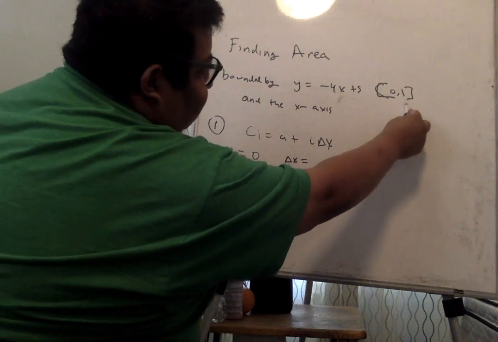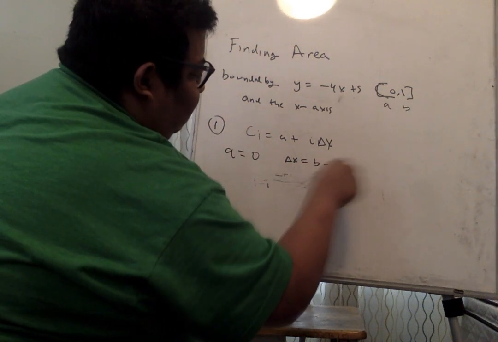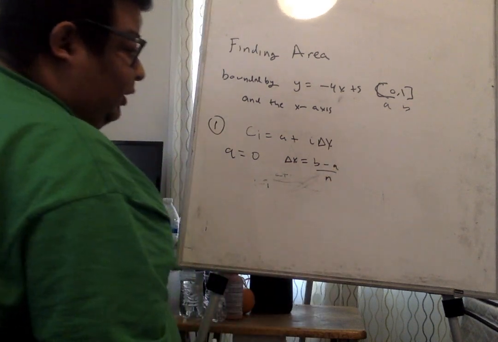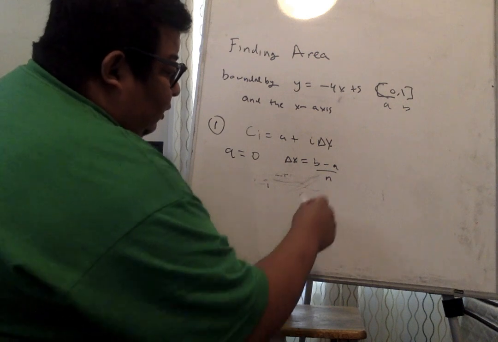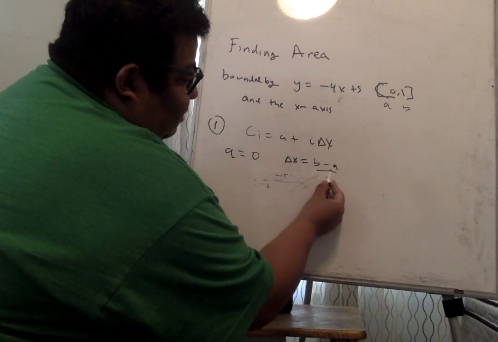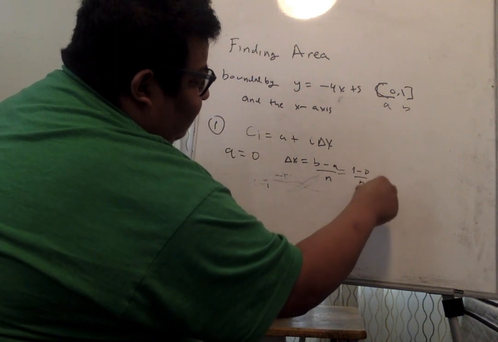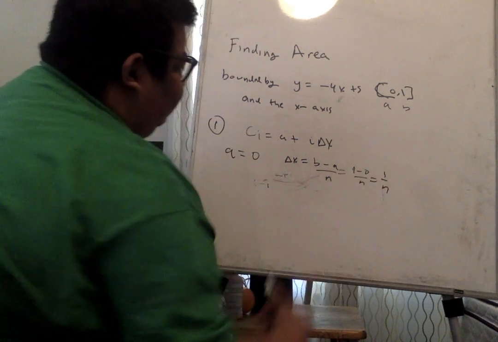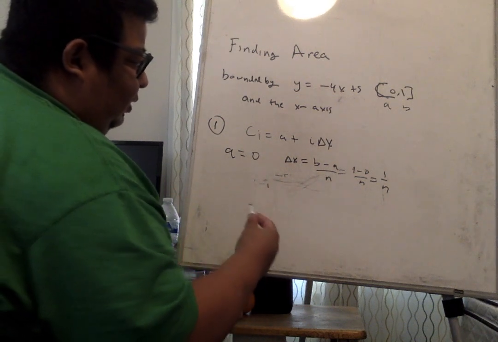b minus a over n, where this is your a and this is your b. The delta x represents your division, your partition. So b minus a is 1 minus 0 over n, which is just equal to 1 over n. Then your xi, I'll tell you where we're going to use it.